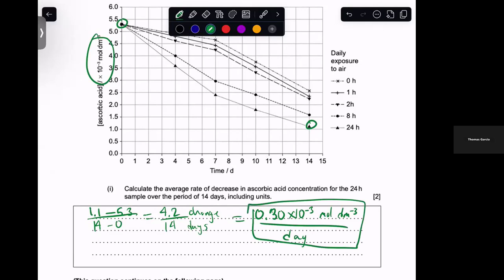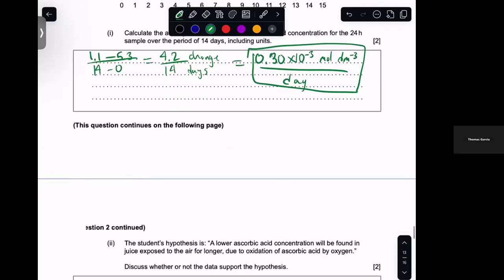So that is my rate of decrease over the time.